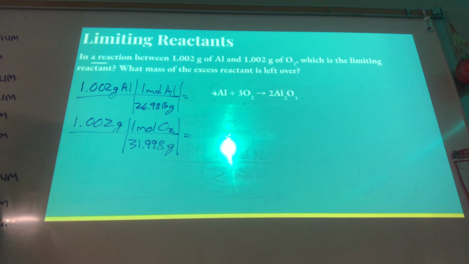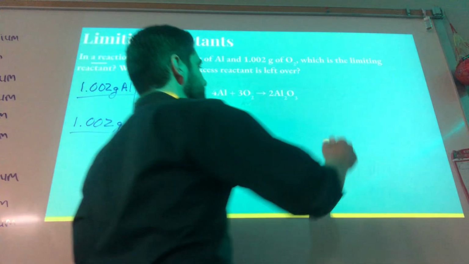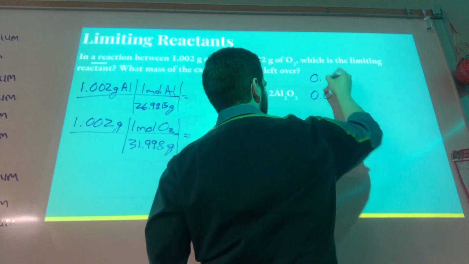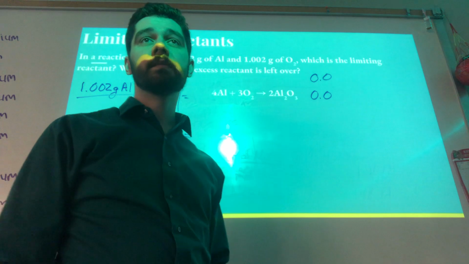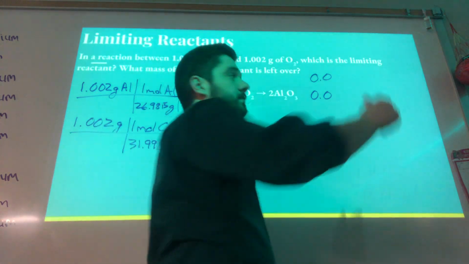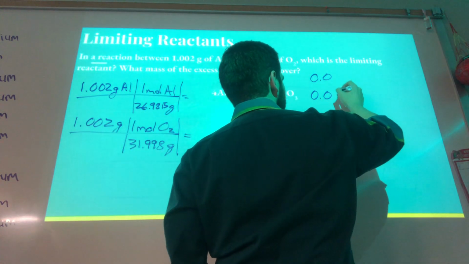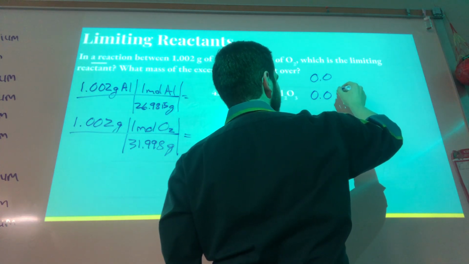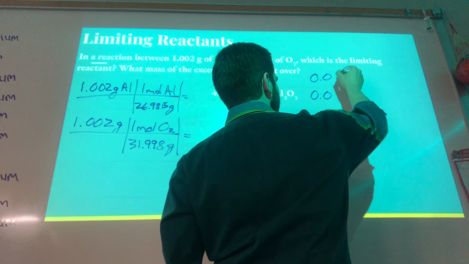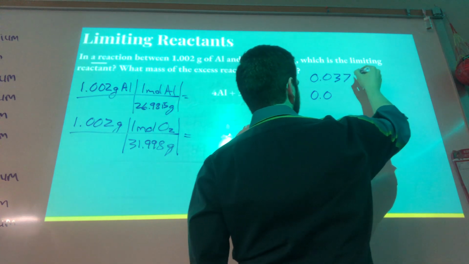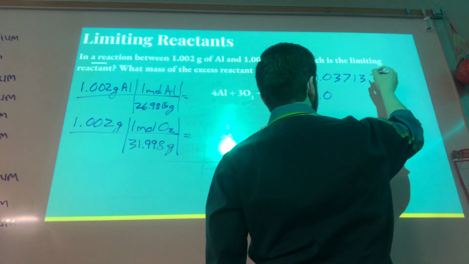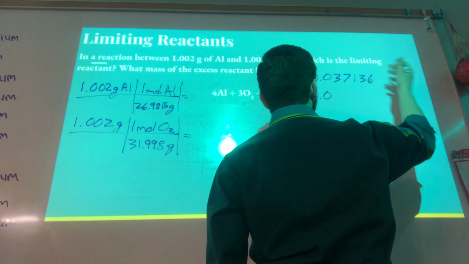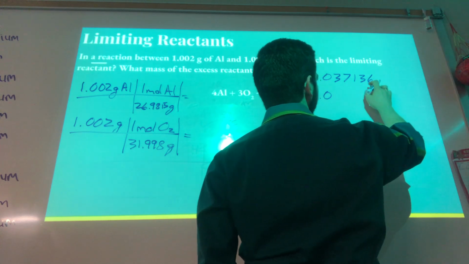Can someone calculate them for me? Give me 6 sig figs. The first one is 0.037137, that's 5 sig figs, I need one more.